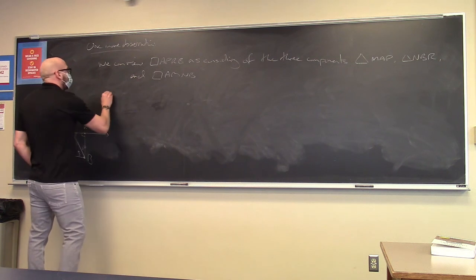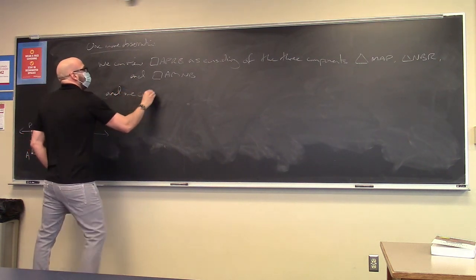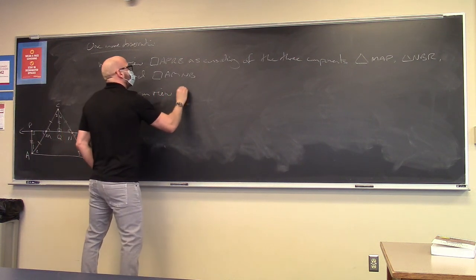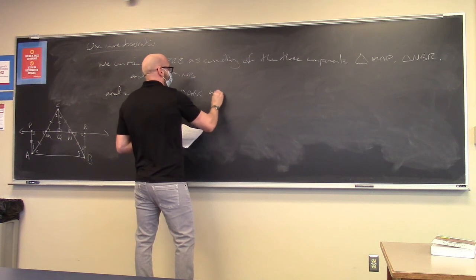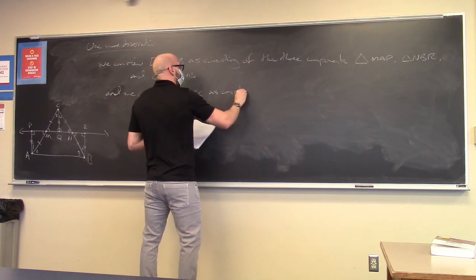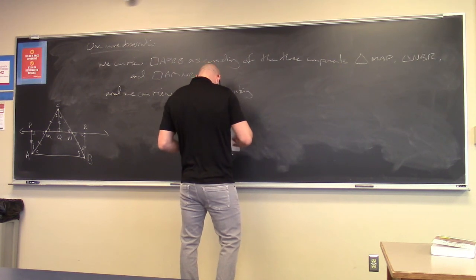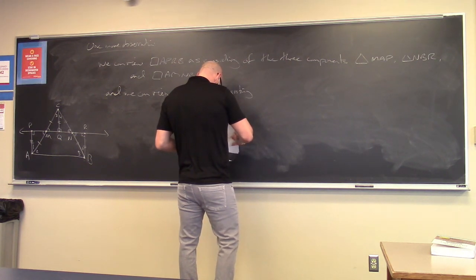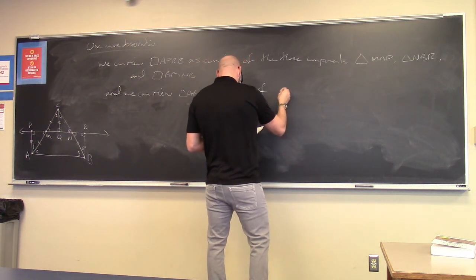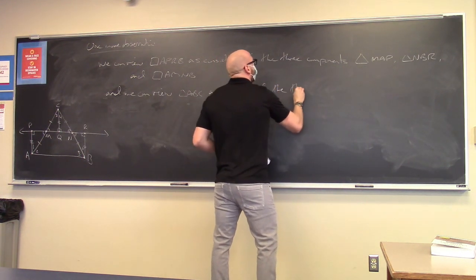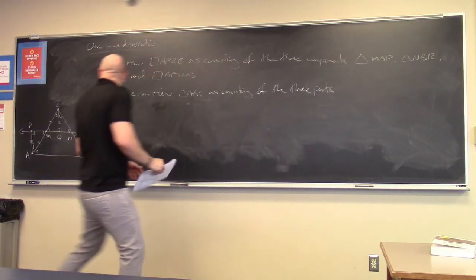Okay, and we can view the original triangle ABC as consisting of three parts. What about triangle ABC?